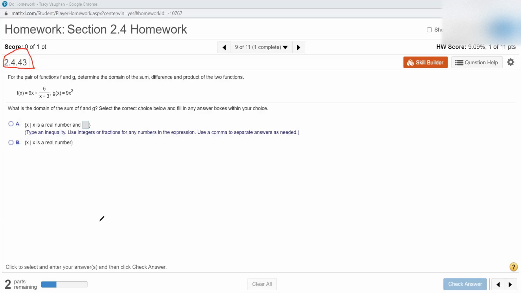What they did was they said the domain of the sum. So that's why I knew that it was going to be f plus g, at least to start. And they want us to do the difference and the product. I'm going to find the domain of f plus g, the domain of f minus g, and the domain of f times g.